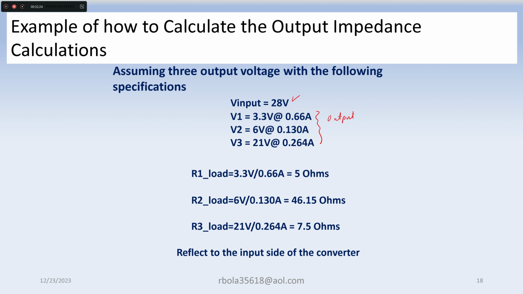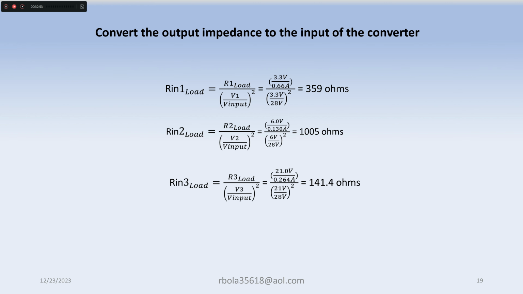Once you have those, you can calculate what the output impedances are. Basically, V divided by I will give you your converter's output impedance, but you want to reference it or reflect it to the input side of the converter. So that's what we do next.